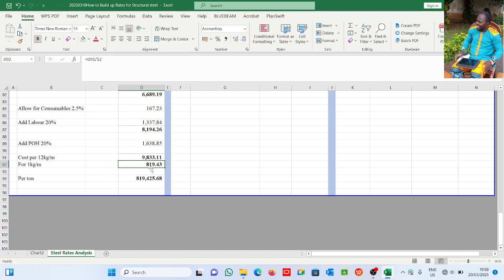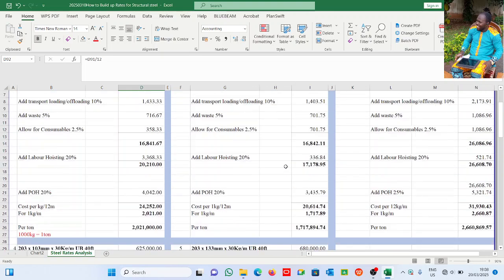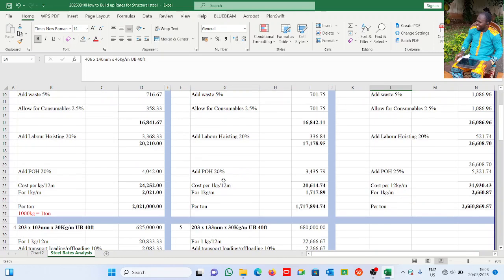All right. Now, if you look at bills, they don't put different rates. All your steel has one rate, maybe 2 million, 2.3 million, 2.5 million, 2.6 million, as the case may be. Now, if you have different types of steel sections in your drawing, in your design, it is easy.